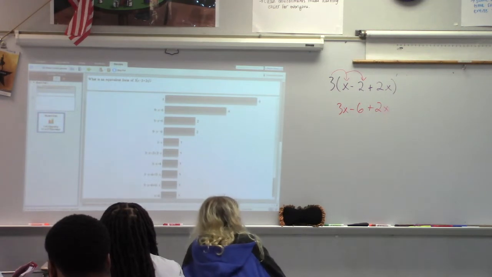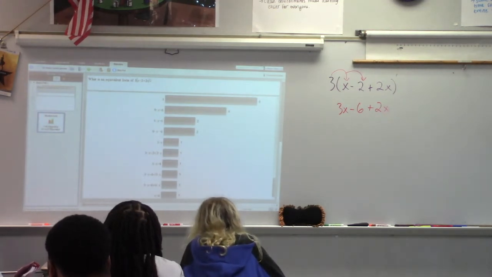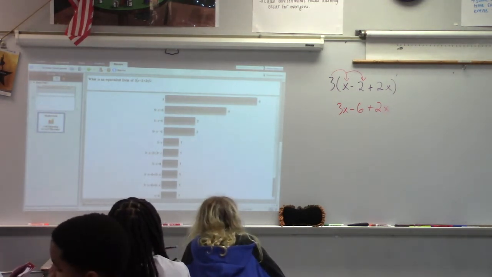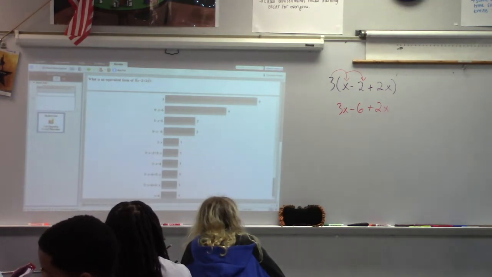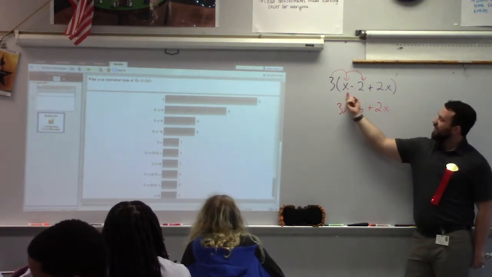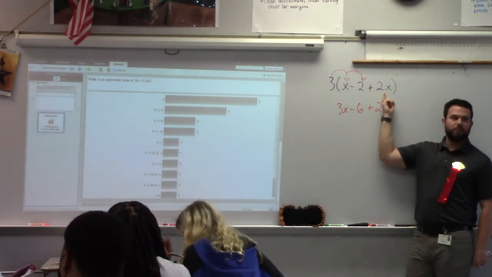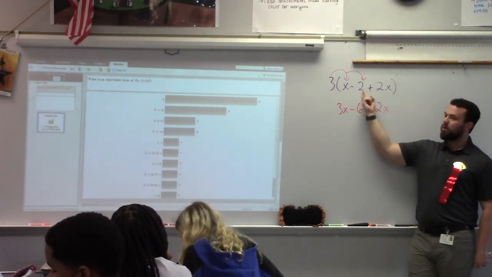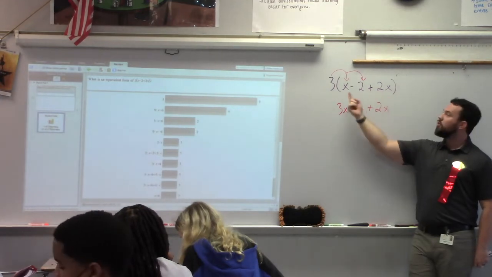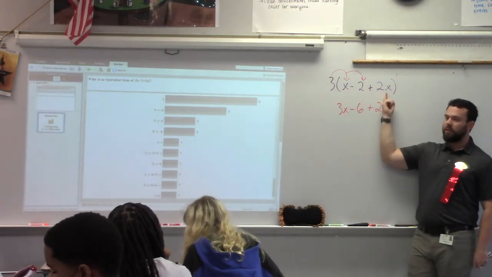I want you to notice, this isn't necessarily the only way to do this problem, or simplify this expression, but I do want you to notice, you see how many terms are inside of these parentheses? 3 of them. If you have 3 terms inside of the parentheses, you have to distribute to all 3 of them.